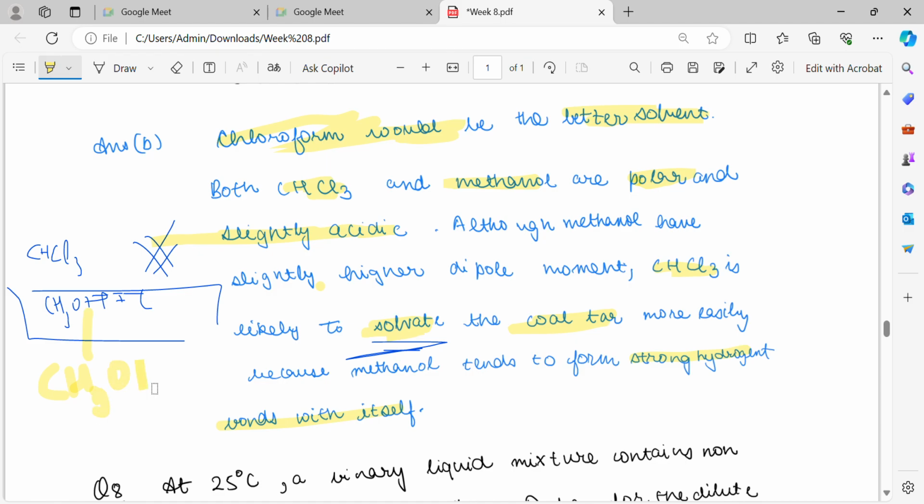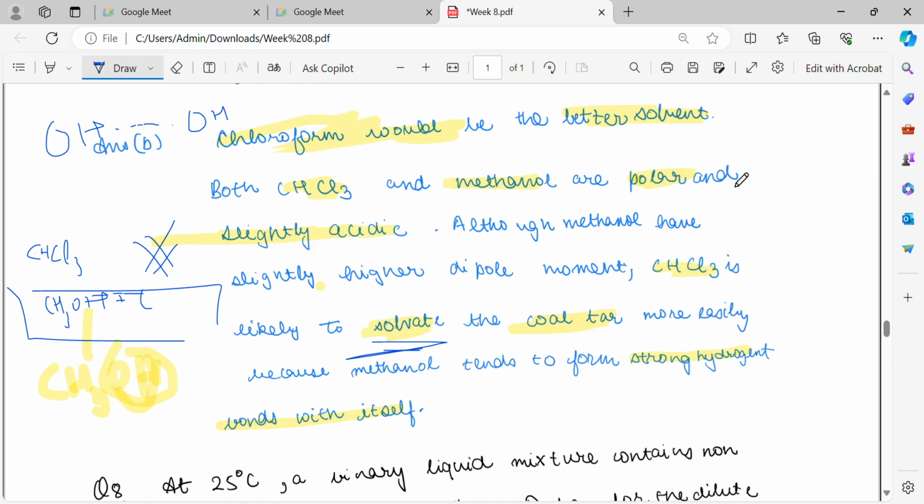There will be an OH group, and because of the OH group which is present, it will bond with itself like this. If you know water, it also forms bonds with itself.